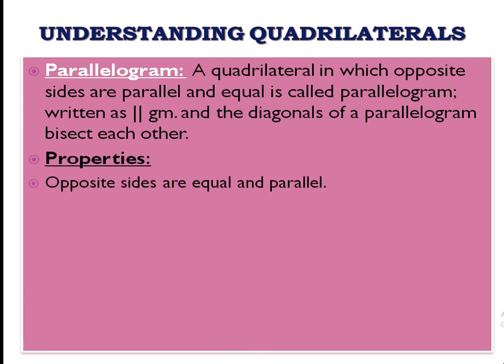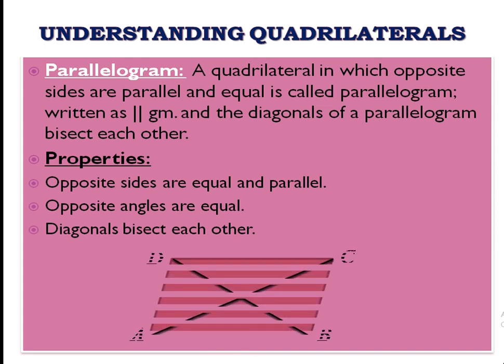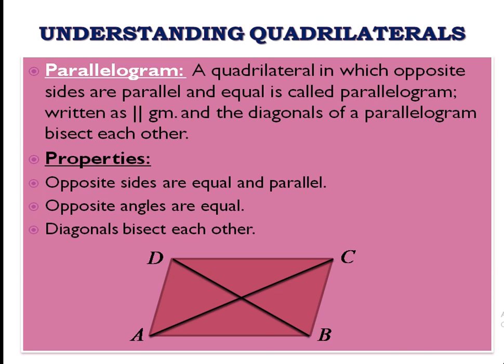First property is opposite sides are equal and parallel. Second property is opposite angles are equal. Okay student. Now next property, diagonals bisect each other. Here see the figure. Diagonals are AC and BD.